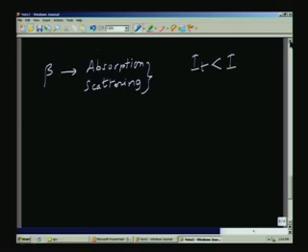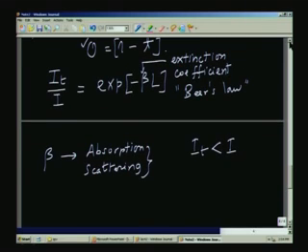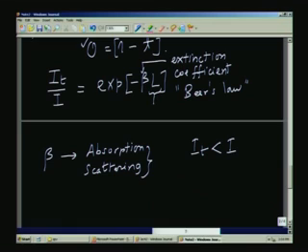Let us also look at the formula which I gave earlier, e to the power of minus beta L. This L also is important. This is the length of travel through the sample, or the path length.